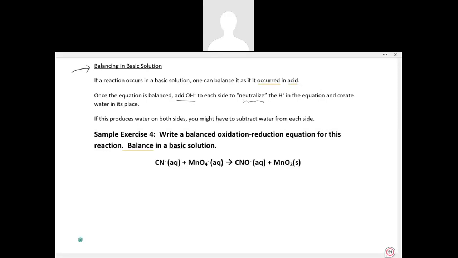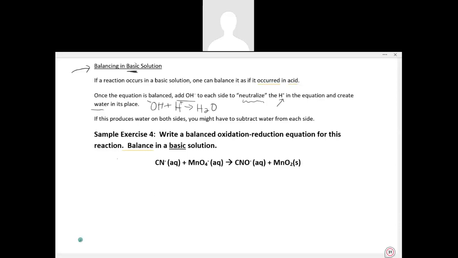So we're going to add the same amount of whatever H plus there is. We're going to create water in its place. So we know that OH plus H gives us H2O. Right? So that's what we're going to do to convert this from being in acidic conditions to being in basic conditions.